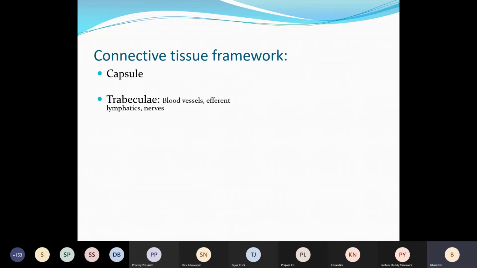This fibrous tissue sends in septa or trabeculae, which divide the thymus into various lobules. The outer capsule covering the thymus sends fibrous tissue septa which divide the gland into numerous lobules. This thymus has a very rich blood supply.